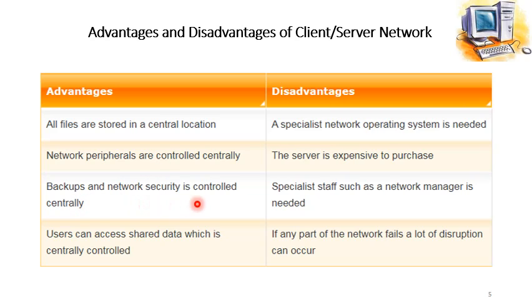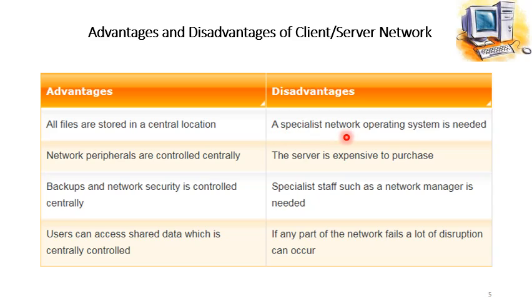Backups and network security is controlled centrally. Yes, you have to secure only a single computer, that is your server, and all of your resources, all of your information will be secured. Users can access shared data which is centrally controlled. So all the users are able to access the data with the permission of the server.